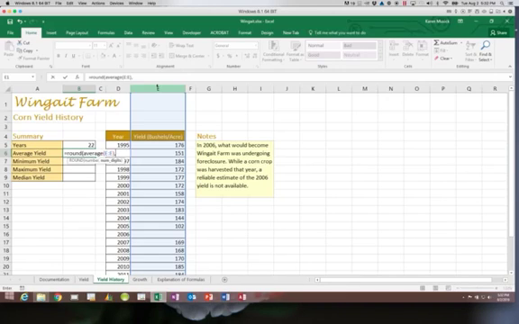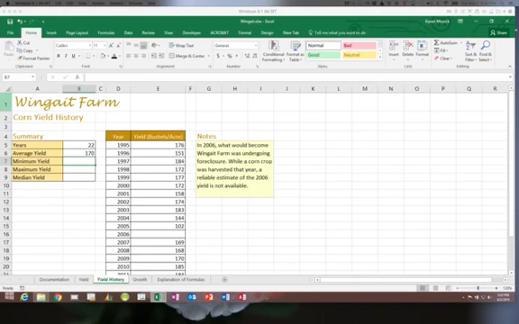We want no decimal places, so we're going to round it to 0 decimal places. And close the round function. And we get 170.